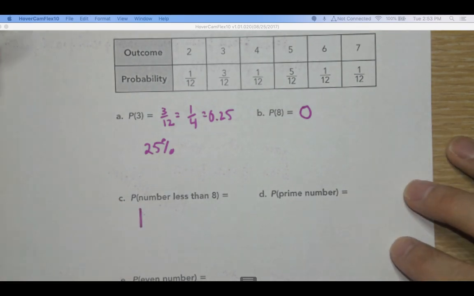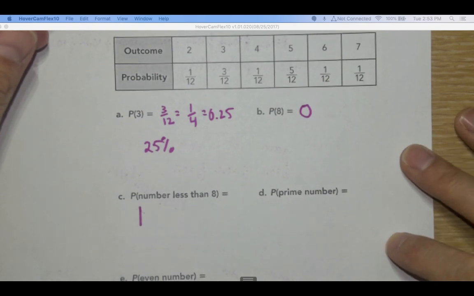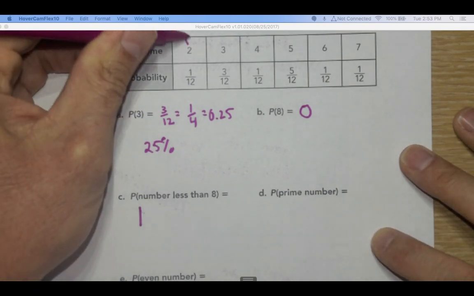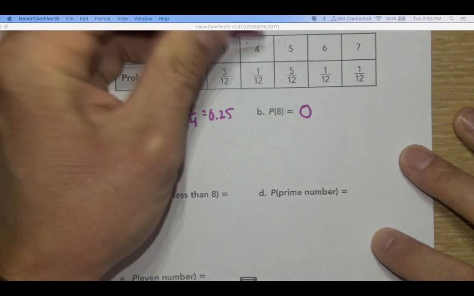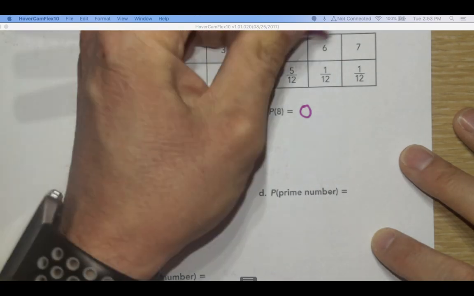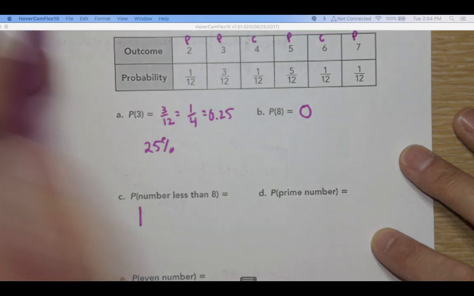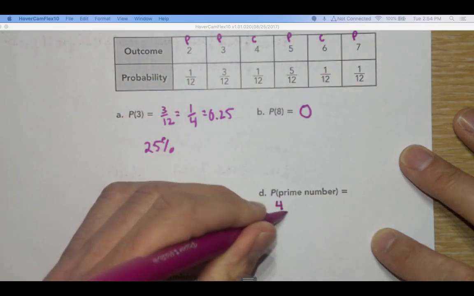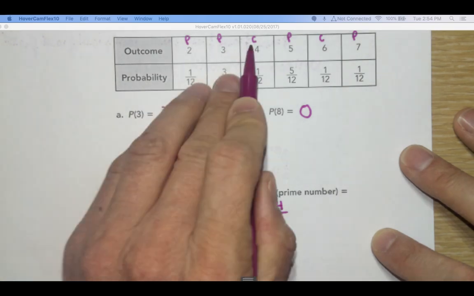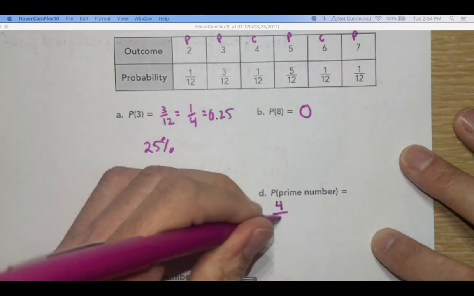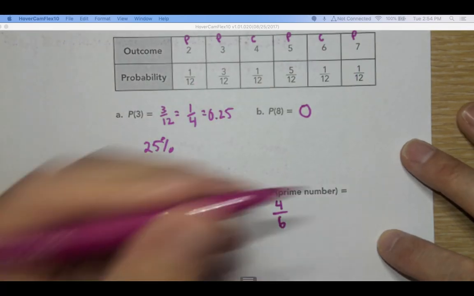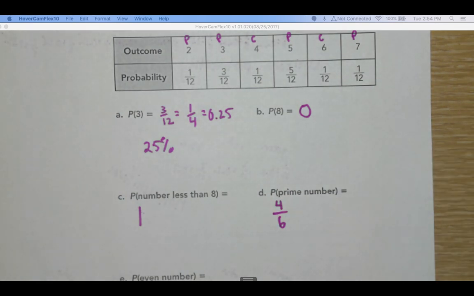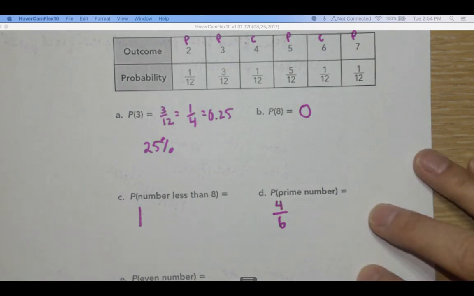A prime number. Tricky prime numbers here. Prime, prime, composite, prime, composite, prime. 1, 2, 3, 4 primes out of 6 total numbers. So 4 out of 6. Wait a second. Have I made a mistake?